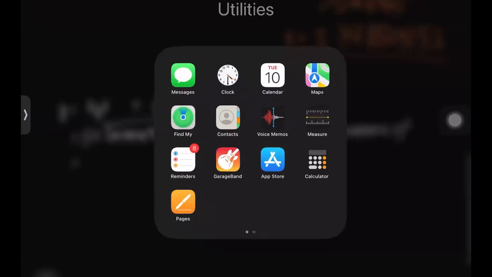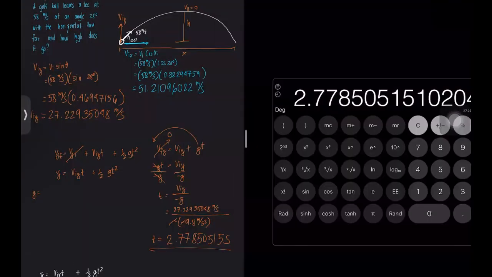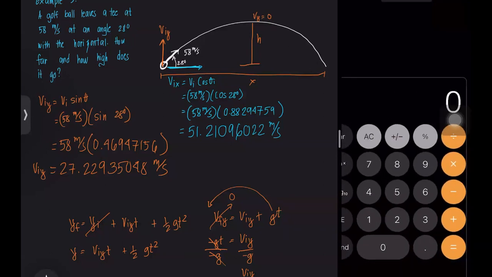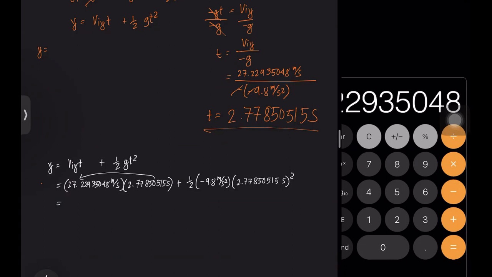Let's get the calculator. Okay, so let's multiply 27.229350 times 2.77850.